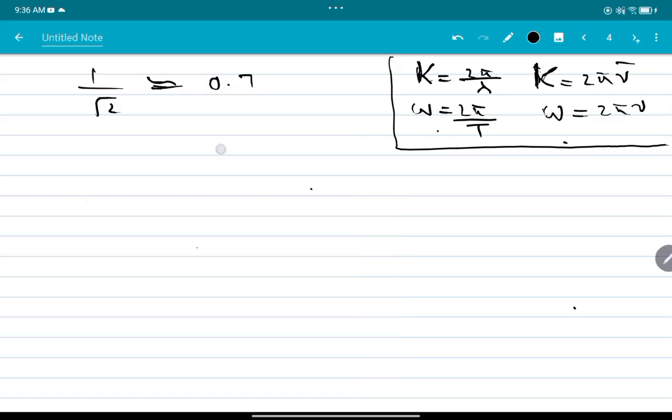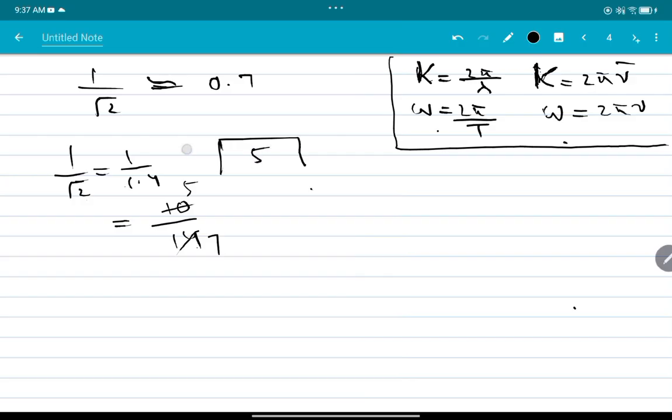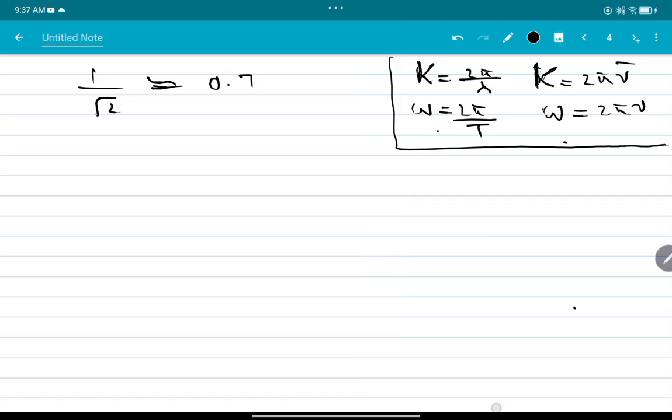This is simple, by division. 1 by root 2 is approximately equal to 1 by 1.4, that is 1 divided by 14 by 10. Dividing gives approximately 0.7. Remember that 1 by root 2 is 0.7.